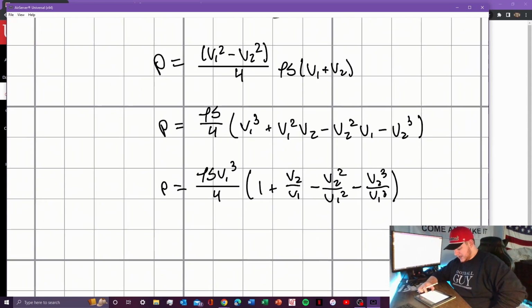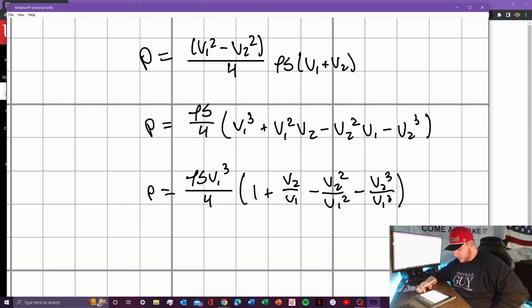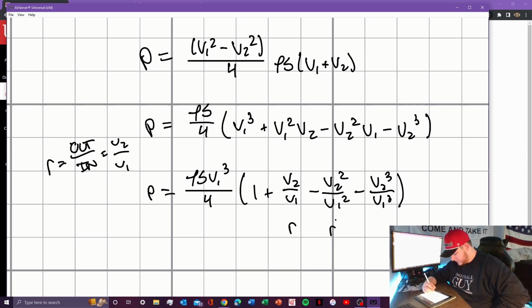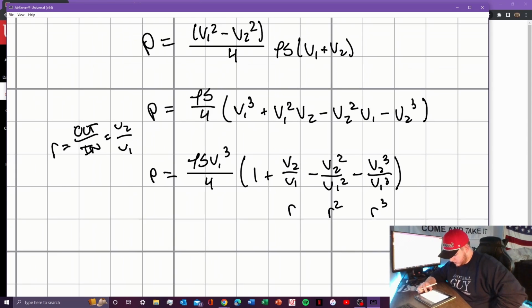So now that we have these in terms of ratios, we know that R is equal to out over in, and V2 is our out, which is just equal to V2 over V1. So that means this is R, and this is R squared, and this is R cubed.